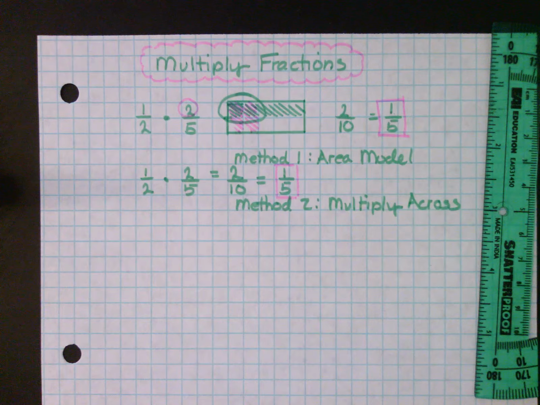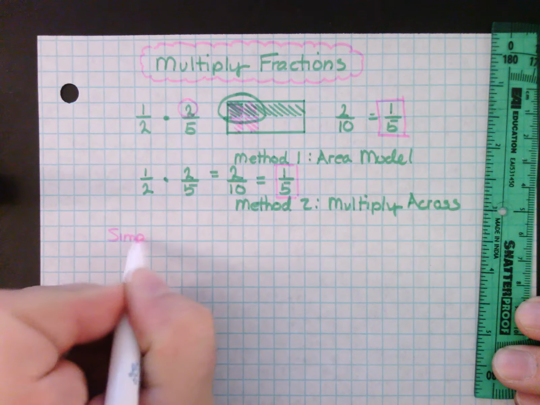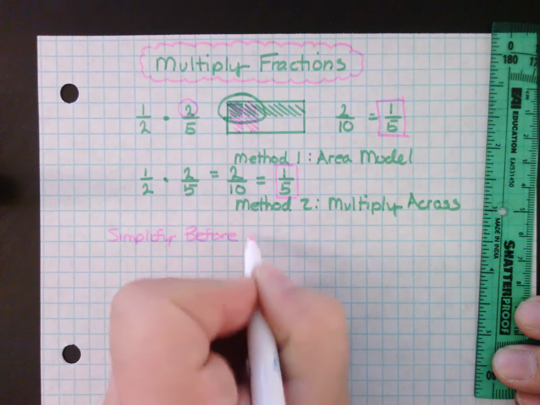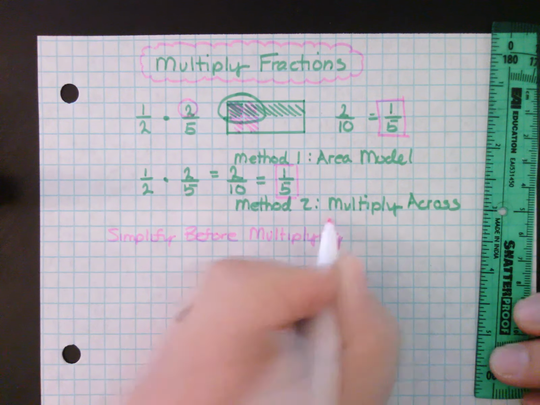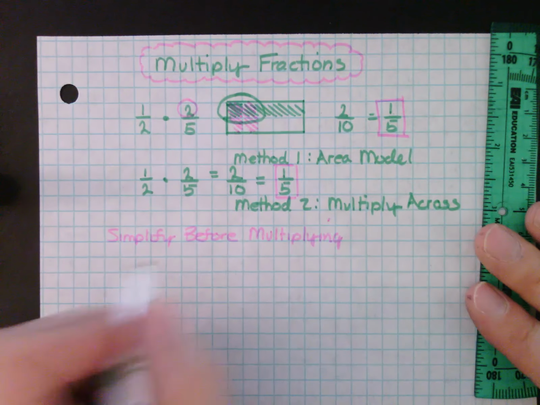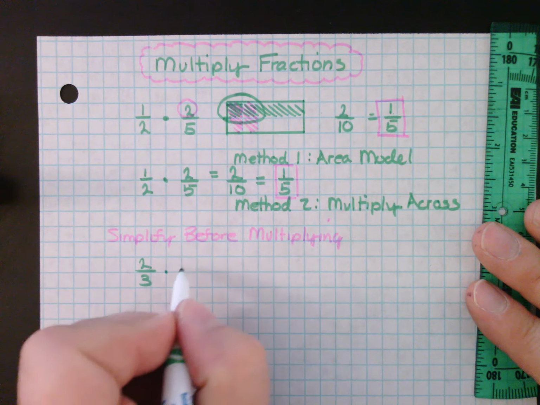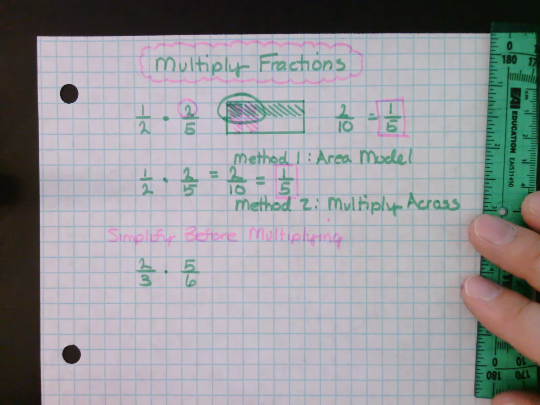The last piece to this is if I want to, hint, hint, answer to the essential question, simplify before multiplying. So if I have 2/3 times 5/6, I could multiply that across.